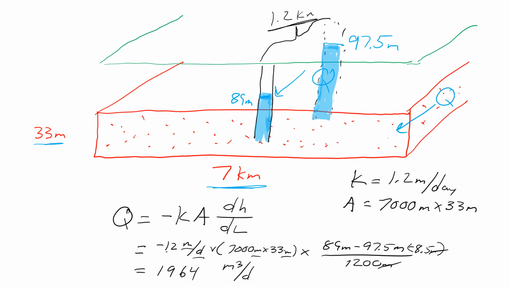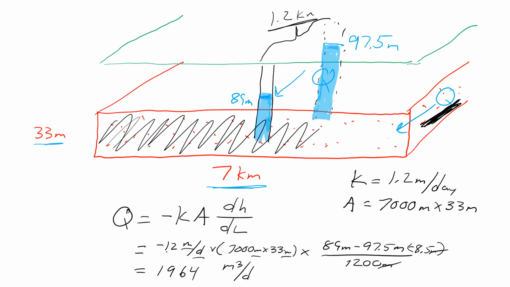So that is how much flow, that's how many cubic meters of water is going to pass through this surface area right here, given an 8.5 meter drop in head over a 1,200 meter distance between the two wells.